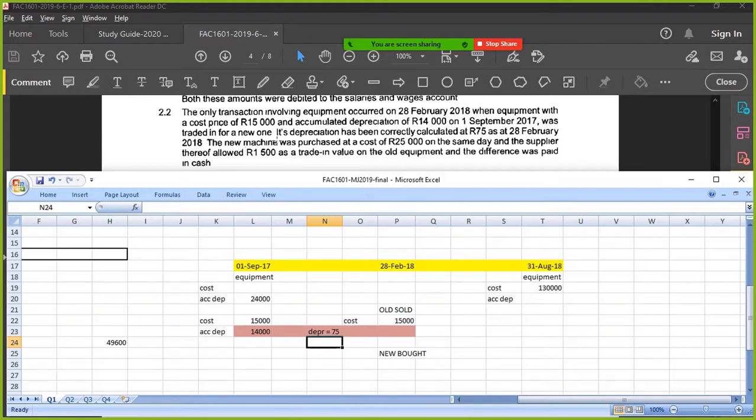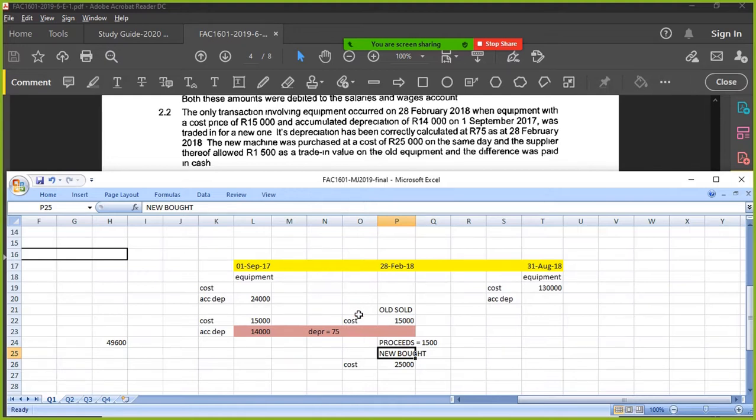The new machine was purchased at a cost of 25,000 on the same day, and the supplier allowed 1,500 Rand as a trade-in value. So proceeds were 1,500 on the old equipment, and the difference was paid cash.